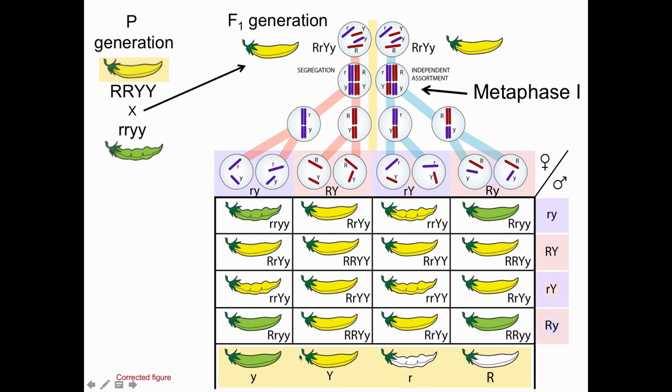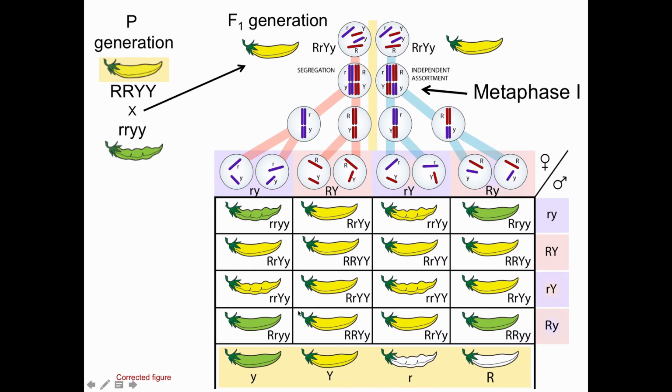So when you look at this, our offspring are going to be either green, yellow, wrinkled, or smooth.